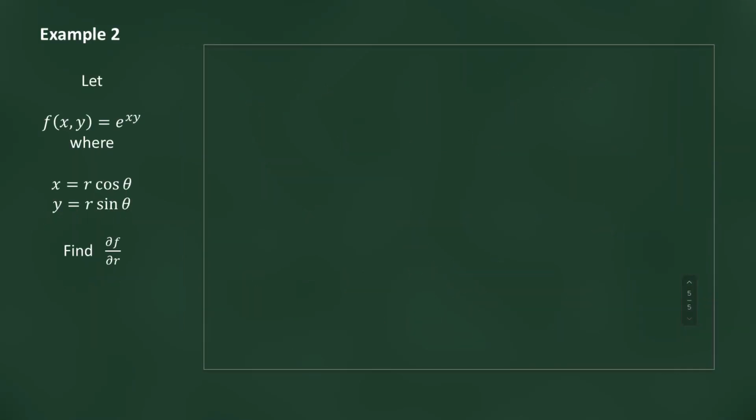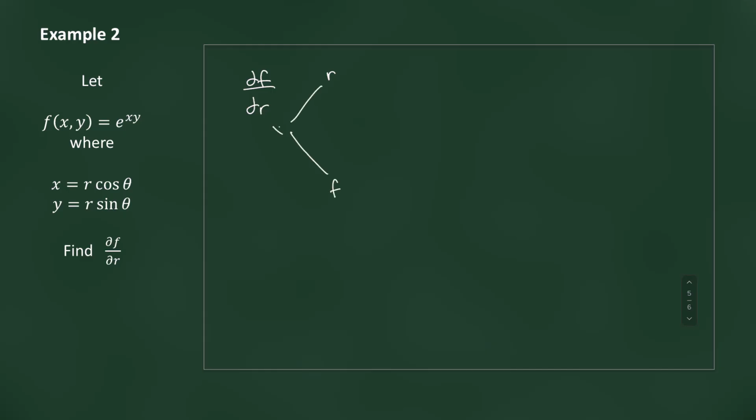Okay, in this next example, we have f as a function of x and y, but then we also have that x and y are both functions of r and theta. So we need to find the partial of f with respect to r. So if we draw our diagram, we start with r at the top and f down at the bottom.